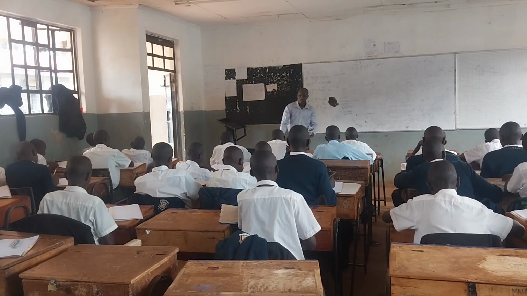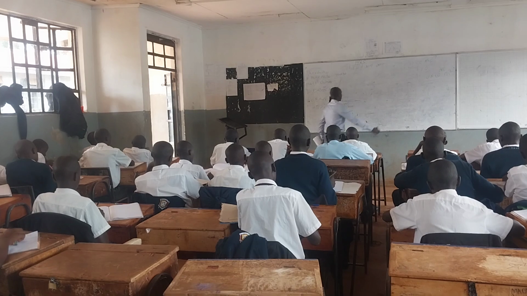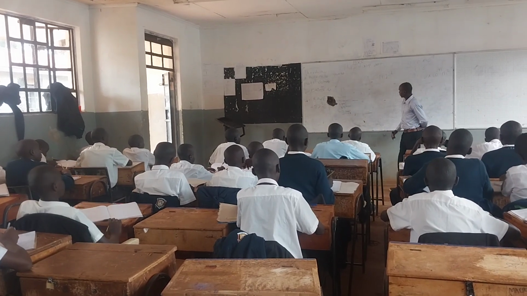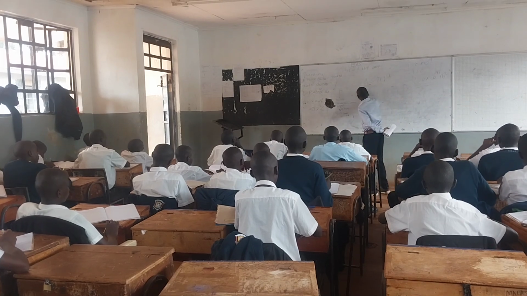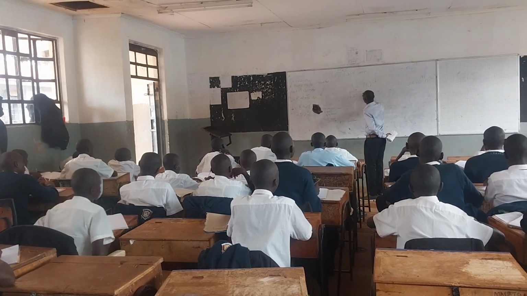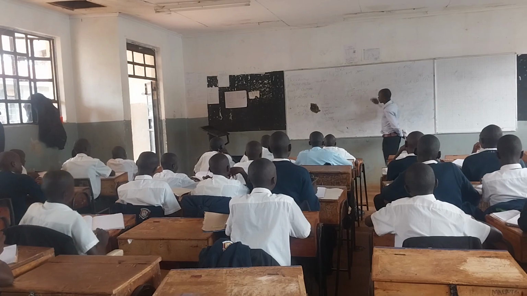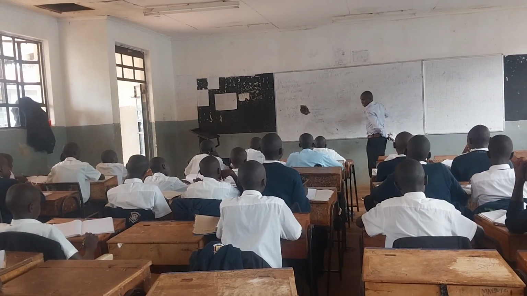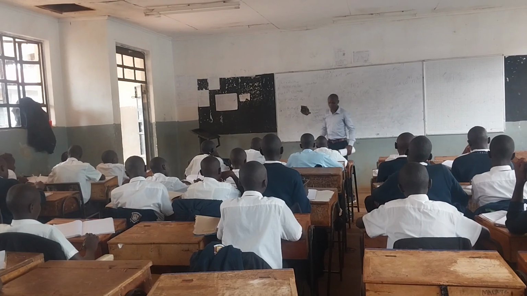Okay? Now, our area is equal to what? Pi r squared. Our area is equal to pi, which is 22/7, times r squared, which is 100 squared. What is the answer?